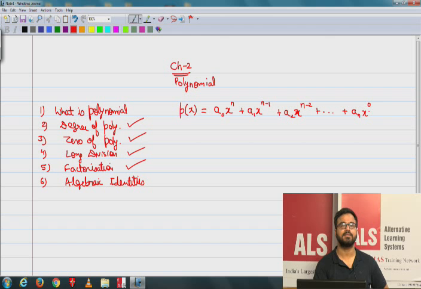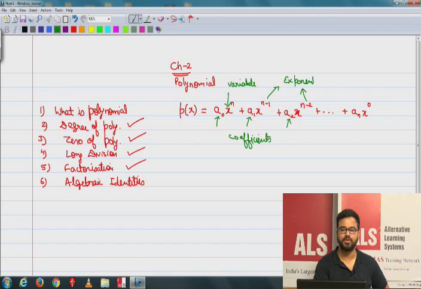Here, these a0, a1, a2 are called the coefficients of the terms. This x is called the variable, and these n, n minus 1, n minus 2 are called the exponents.